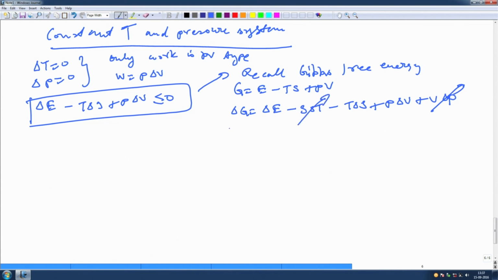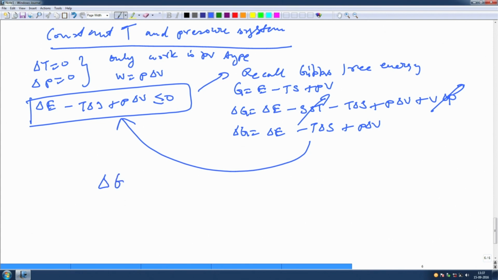So, the change in Gibbs free energy is basically therefore given as delta E minus T delta S plus P delta V, which is basically the same as this. So, I substitute it over here, and we get the expression that the change in Gibbs free energy for constant temperature and pressure must be less than equal to 0.